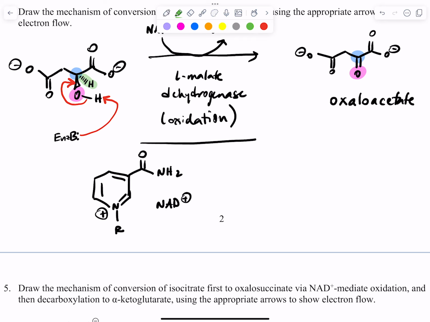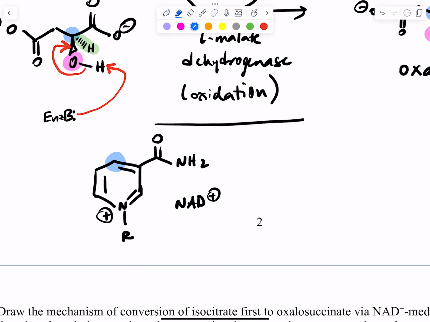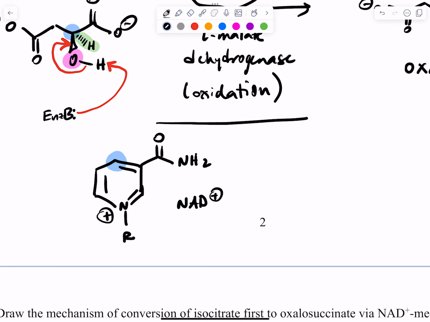And remember that I told you that NAD+ is electrophilic at the carbon that's opposite the nitrogen. You can demonstrate that with the resonance structure that I've shown you before. Hydride attacks that carbon. Sometimes I like to draw in the hydrogen that's already there so that you don't mess up, but the hydride gets delivered to the blue carbon.